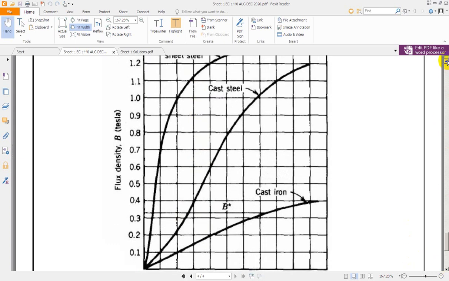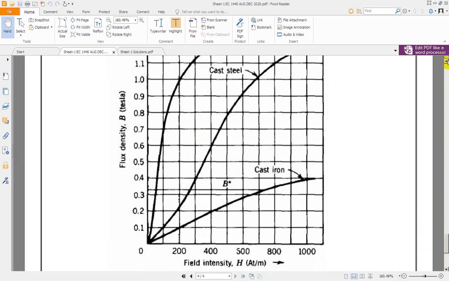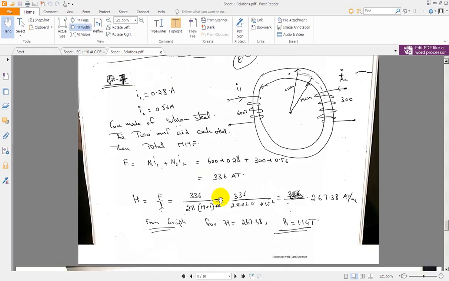From 250, 267 is somewhere here, slightly greater than 1.1, and we are considering it as 1.14. It means for this field intensity from the graph, we are getting a flux density of 1.14.